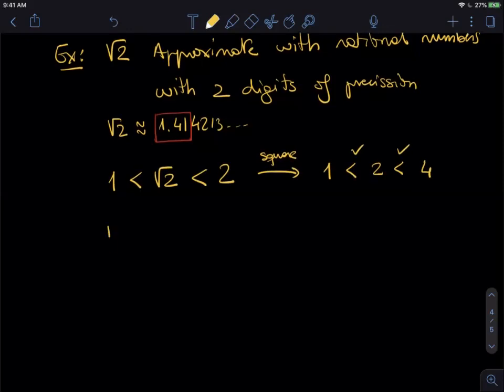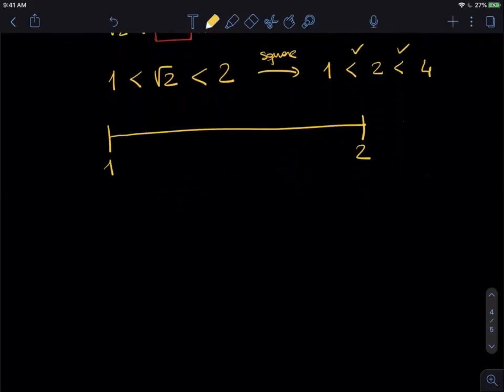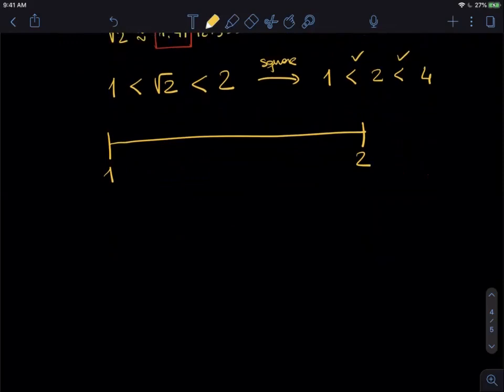And now that I know that, okay, the square root of 2 is going to be somewhere here. What I'm going to do is to pick a number that is in between. This is 1 over 1. Remember what we said in the previous video?